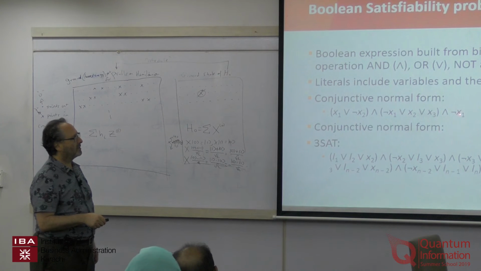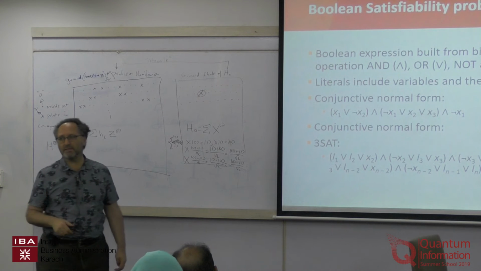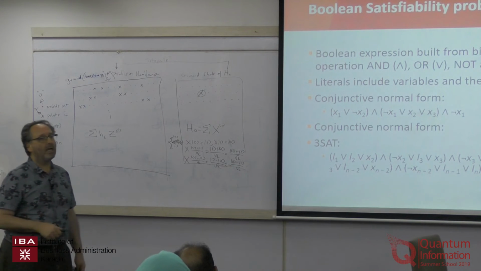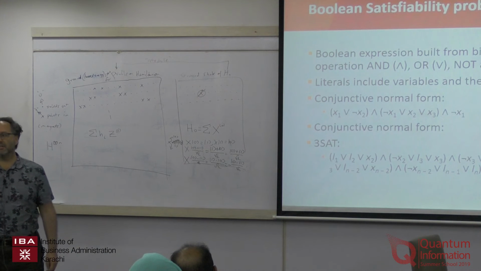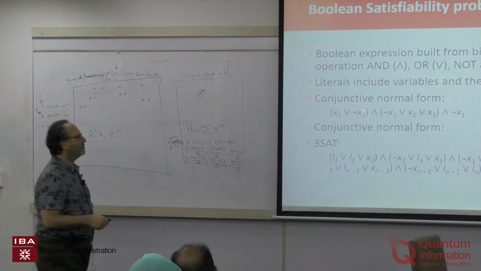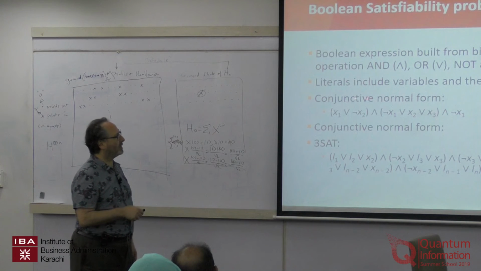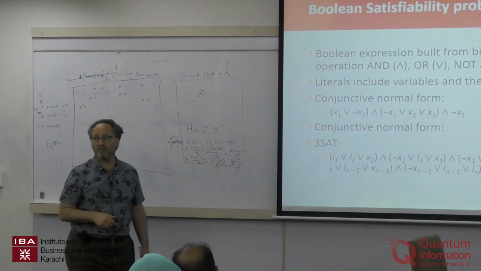This clause has one literal. And then this forms a statement. The statement is said to be true if there exists an assignment to x1, x2, and x3 so that this statement evaluates to true.